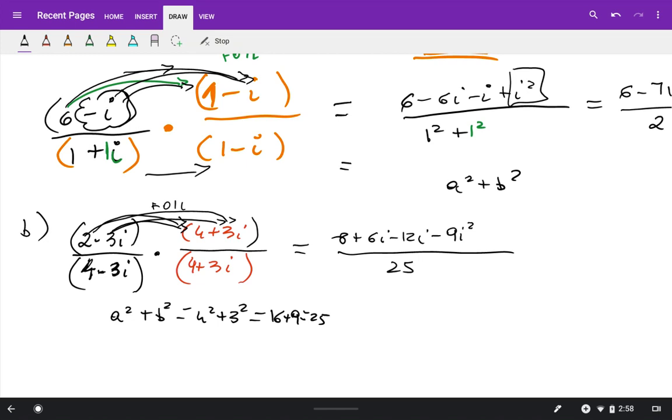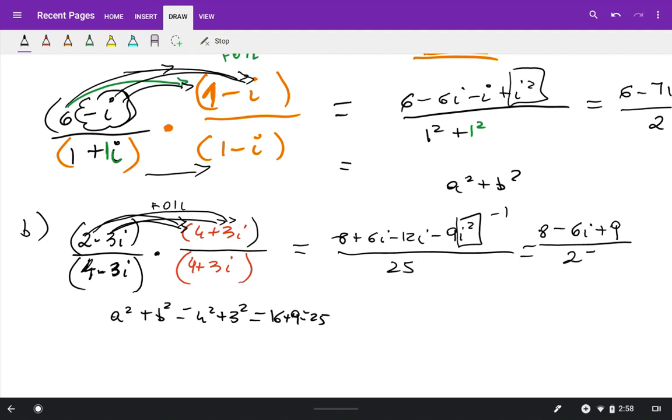Let's simplify the numerator. 8 plus 6i minus 12i gives you negative 6i. And i squared you replace with negative 1, so negative 1 times negative 9 gives you 9.